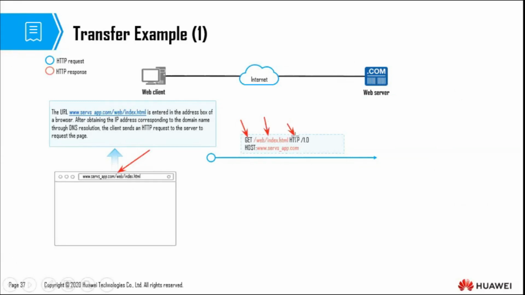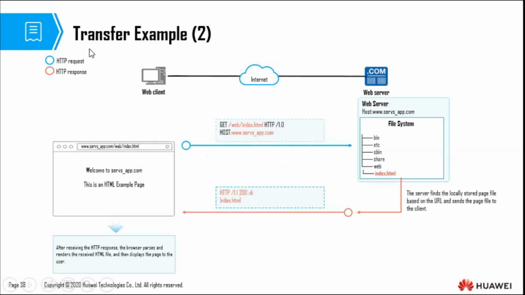We are using HTTP 1.0. The host server is www.servsapp.com. So that's going to go to the internet. The request is going to be sent until it gets to that server.